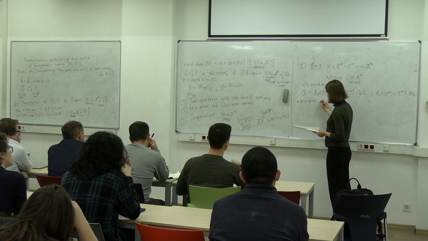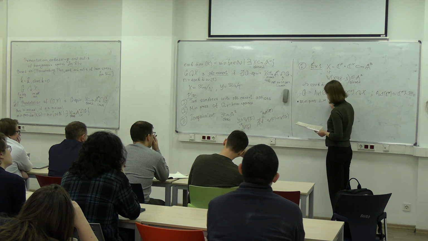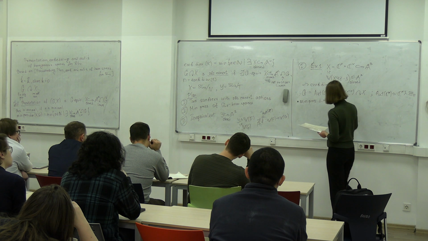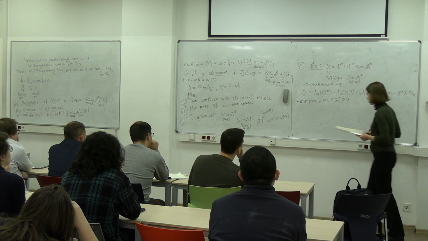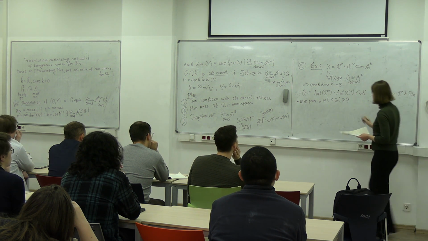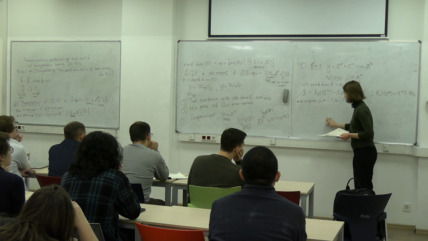I claim that the minimal presentation dimension of the pair X and J is greater or equal than 4, and why is it true?